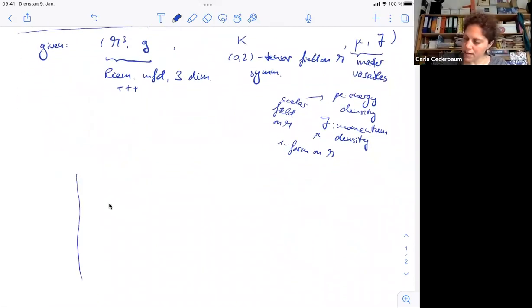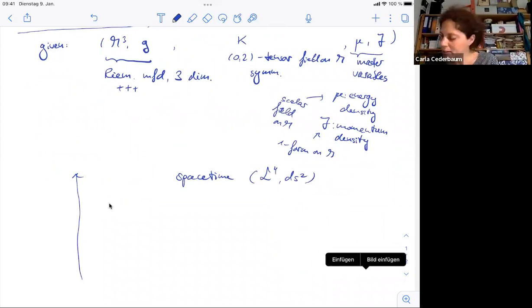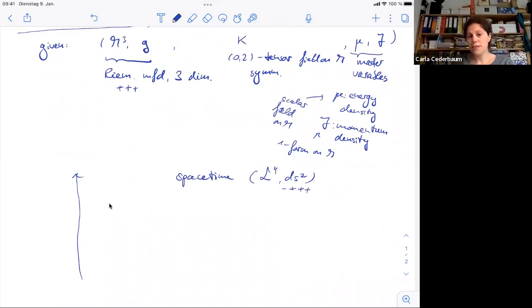So we have a space-time. My name for a Lorentzian space-time metric will be ds squared, and the signature I'll be using will be minus plus plus plus. So this is a Lorentzian space-time, and assume we have some kind of time coordinate or time function here, t, time. Then we can look at level sets of constant time.